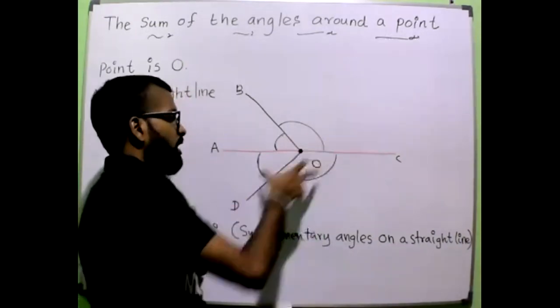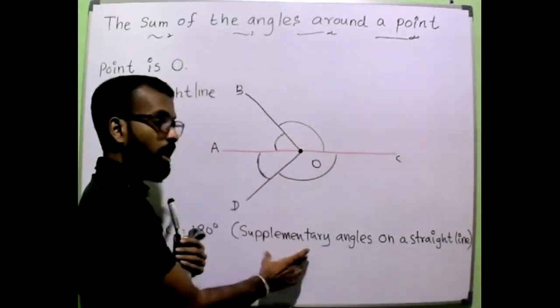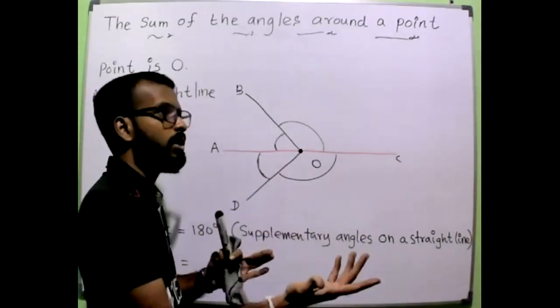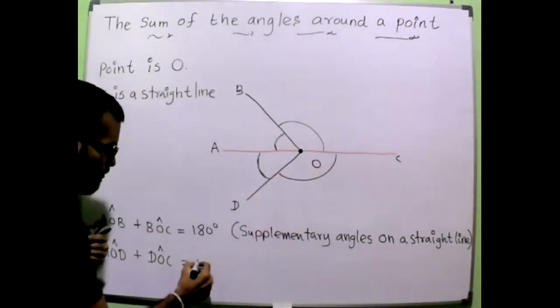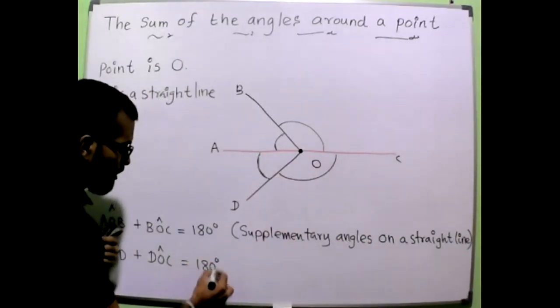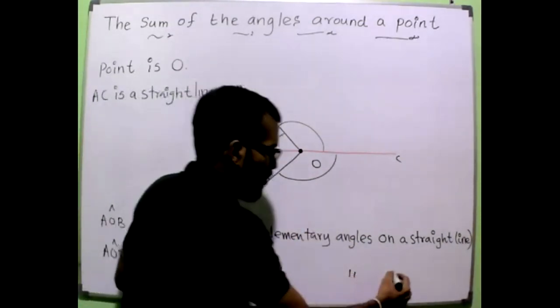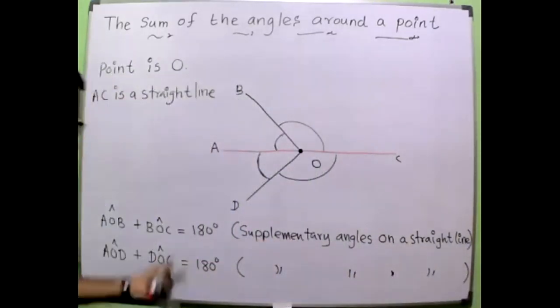Angles on a straight line, and they are adjacent angles, and they are supplementary angles on a straight line. AOD plus DOC, 180 degrees. Same reason: supplementary angles on a straight line. Please write this as well.